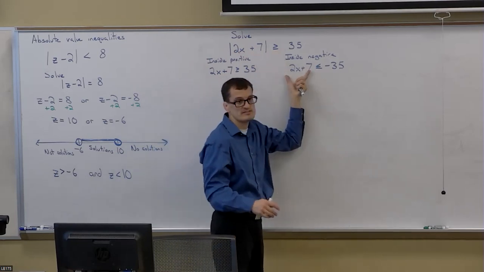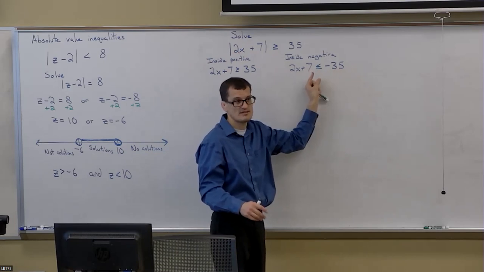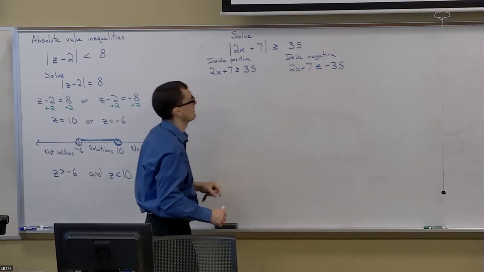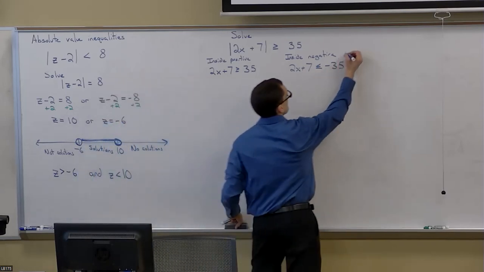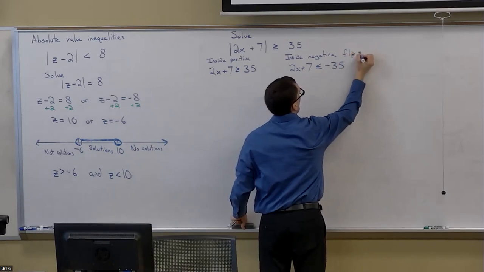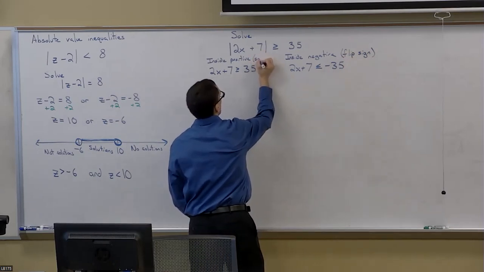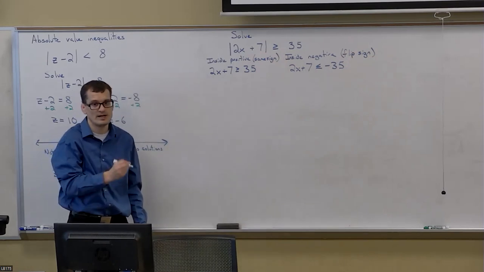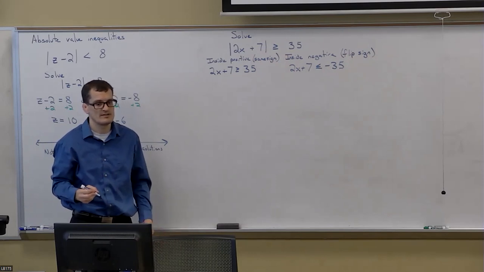But if the thing inside the absolute value happened to be the negative version, I need to flip the sign, because of the way the number line works. So if the inside's negative, we flip the sign. If the inside is positive, we get the same sign. Meaning greater than or equal to, less than or equal to, greater than or less than.